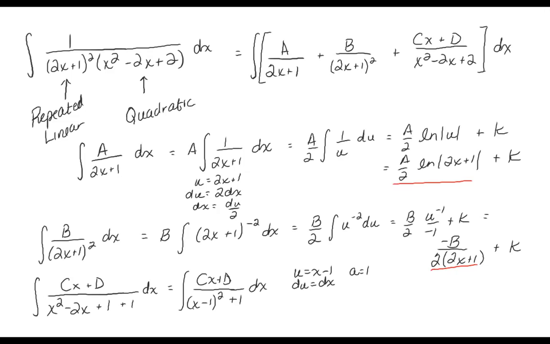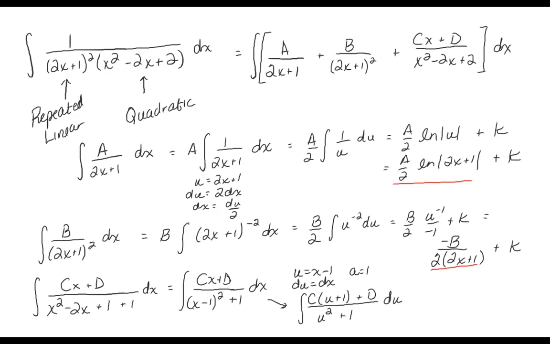So just being a little careful because my numerator isn't just a number. This looks like the integral of c times (u plus 1) plus d. So, wait, you just plug, okay.